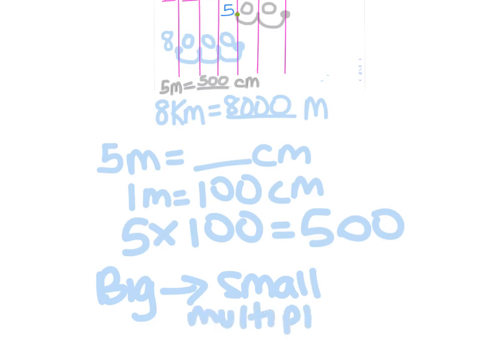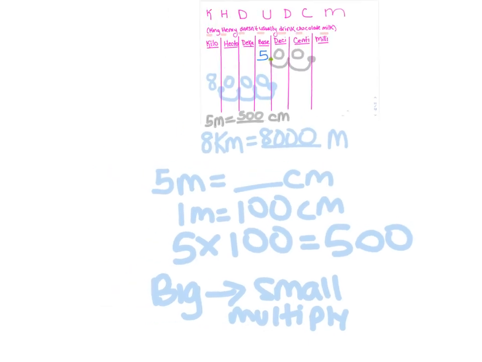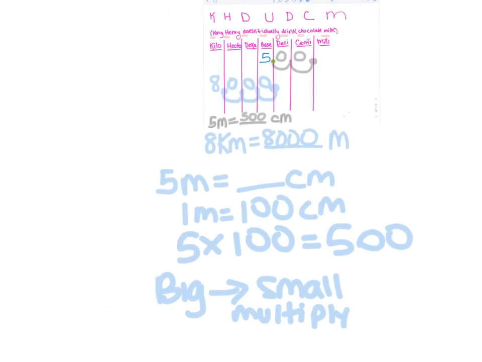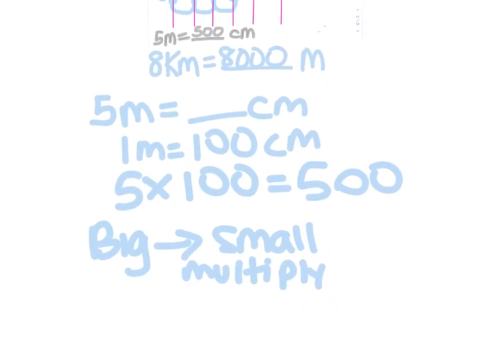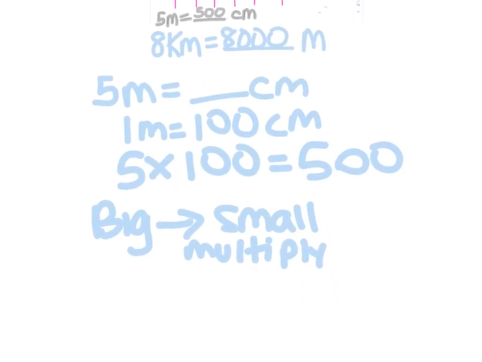The same rule would have applied for the other example that we did. If you look back at that other example, 8 kilometers, I know there are 1,000 meters in a kilometer, and 8 times 1,000 would give me 8,000.